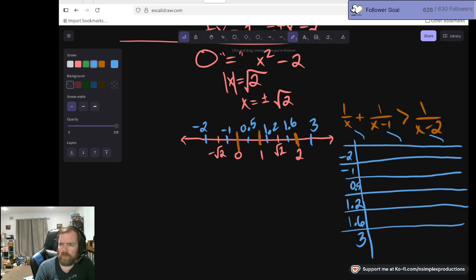Alright, so 1 over x is going to be 1 over -2 plus 1 over -2 minus 1 is -3, greater than 1 over -2 minus 2 is -4. Can't do negative, oh no, -1's fine. This is 1 over -1 plus 1 over -1 minus 1 is -2.